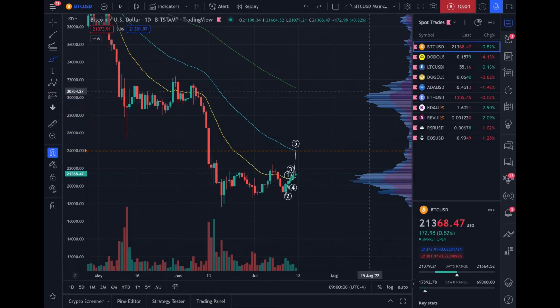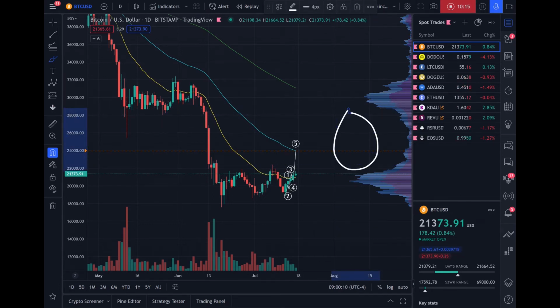So this horizontal volume indicator basically shows buying and selling done at all the various price levels, and it's basically saying very few people have bought and sold in between $20,000 and $30,000, and as a result, don't expect price to hang out anywhere for any extended period of time between these price levels.